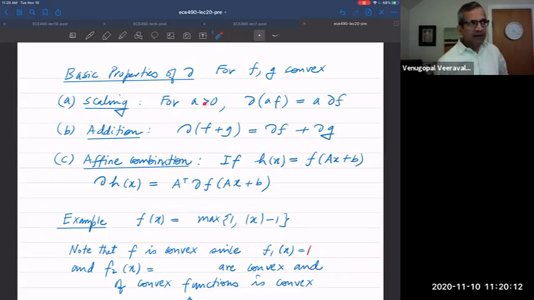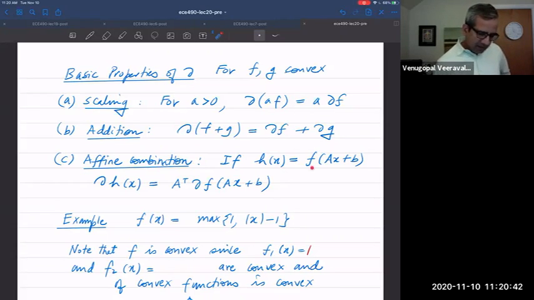It has to be positive because if you scale by something negative, the convex function will become concave, so the subgradient won't even be defined, right? So that's why the scaling is by positive numbers.